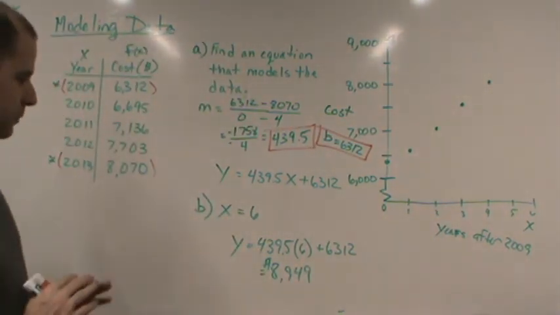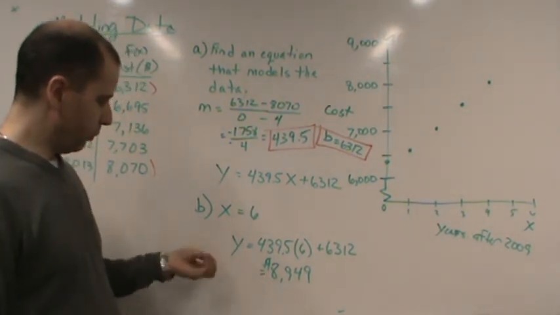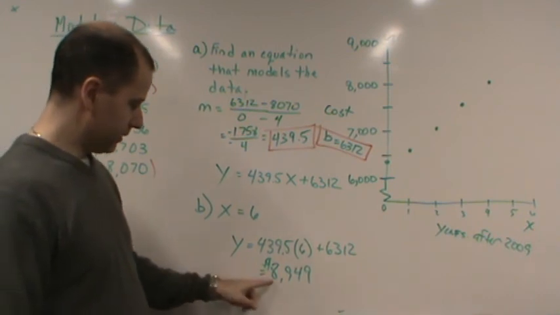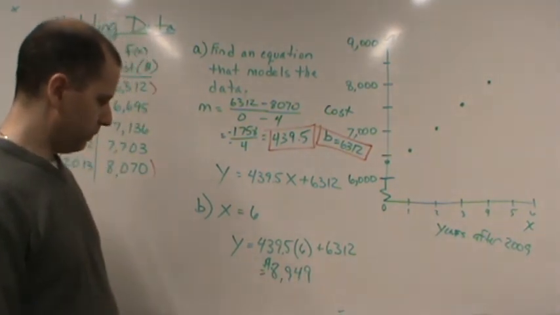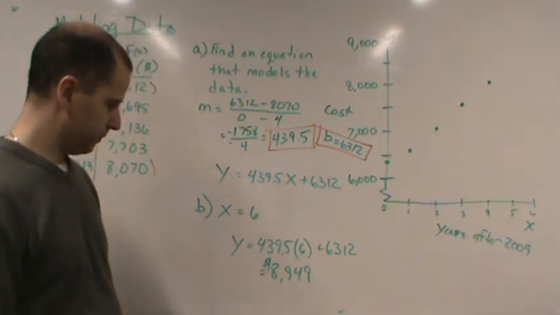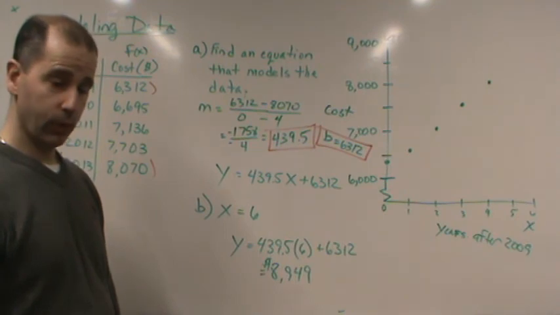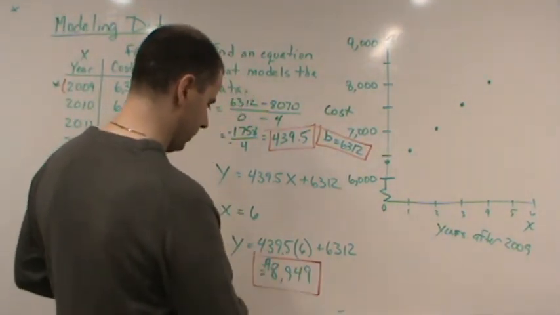So what does this mean? It means that in 2015, we predict that tuition and fees at a public university would be $8,949 per year. And so that is our prediction.